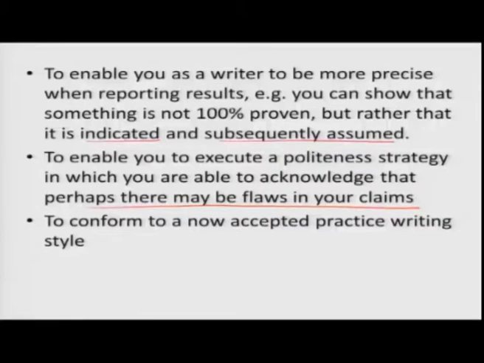So, you acknowledge that maybe 5% there is a chance factor, 5% there is a possibility of some error. Whatever I am saying is true in 95% of cases. That is what you want to say here. You acknowledge that there may be flaws. By doing so you are being polite in academic context.